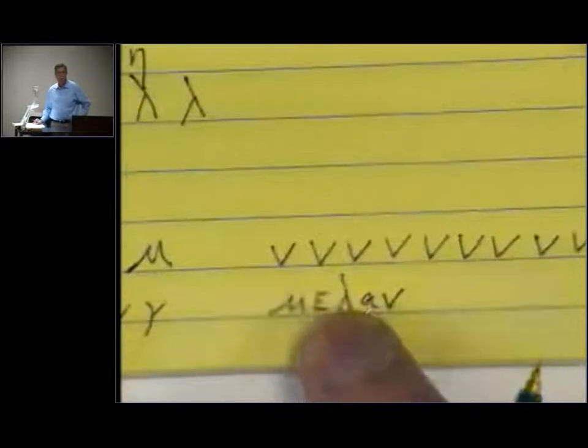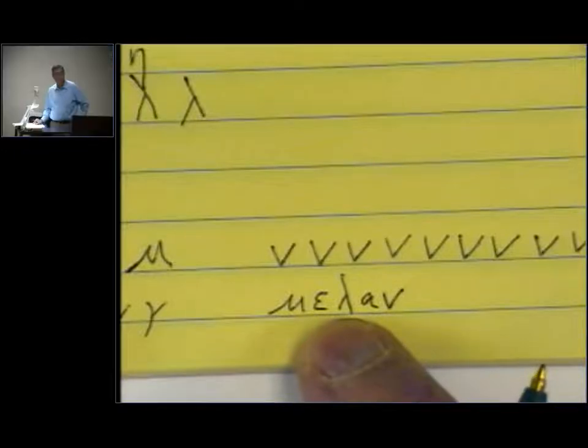In Paul's writings, when he said, I write with pen and ink, the word for ink was this word right here, melan. Because the ink was black. It really means ink.